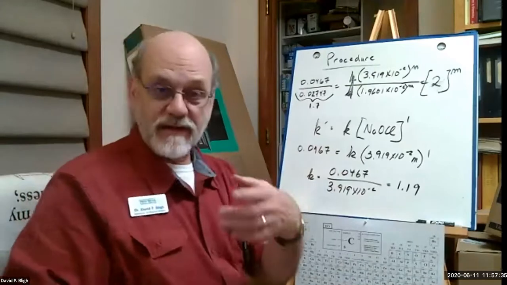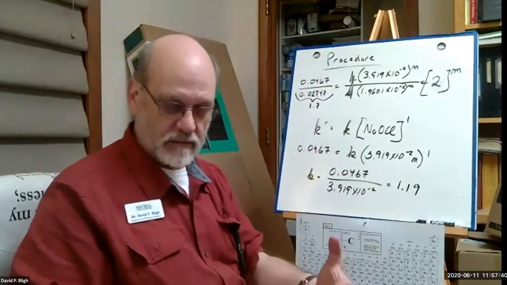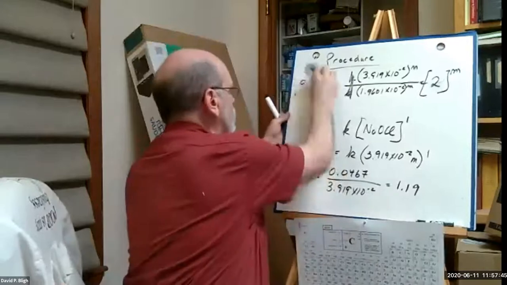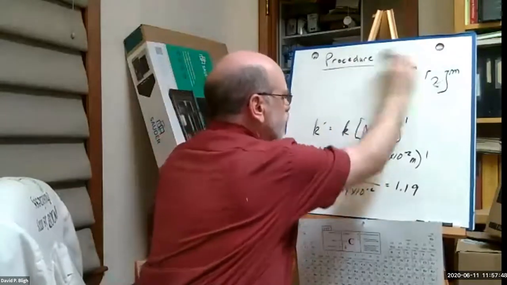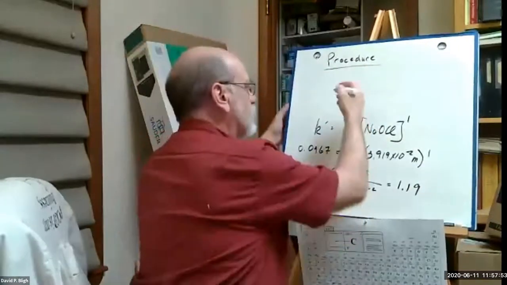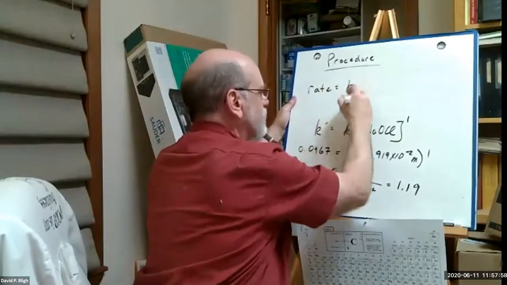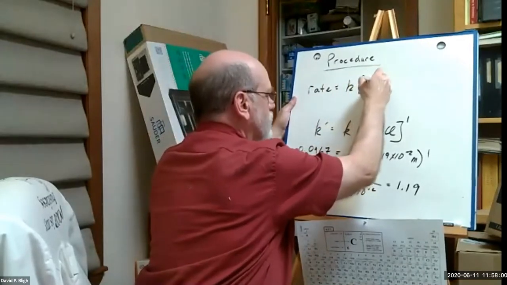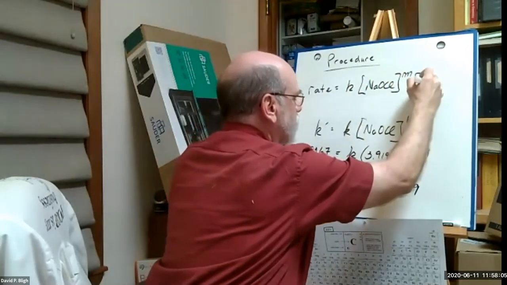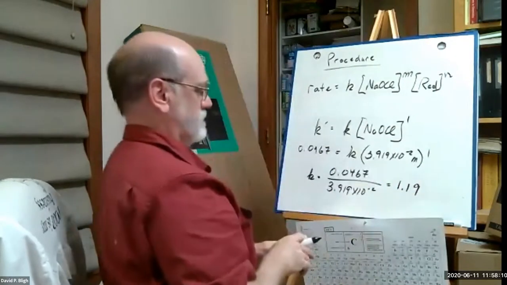But we need to write the rate law for the entire equation. Right? So now what we need to do is go back and say, for our red dye, the original rate law was this, would be K times the concentration of sodium hypochlorite to the M times red to the N. Right?